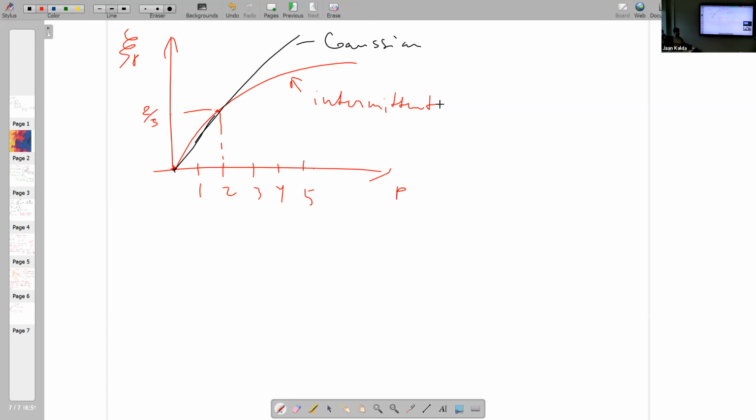If the distribution is really flat, grows up just a bit and then is flat again, it's very intermittent. And if it's a Dirac delta, it's zero intermittency. Kind of.